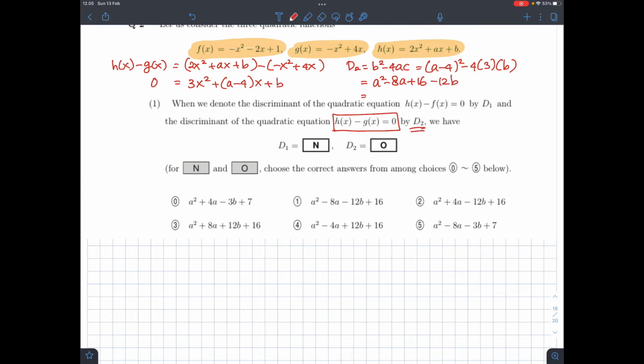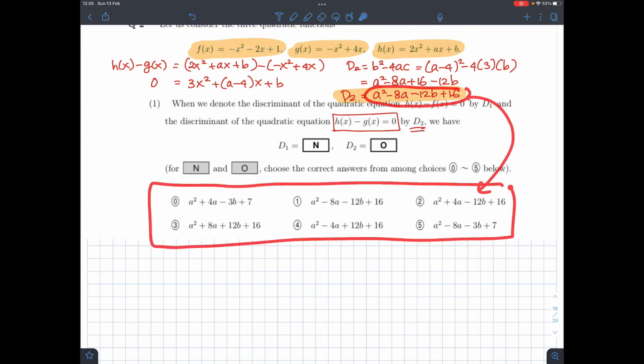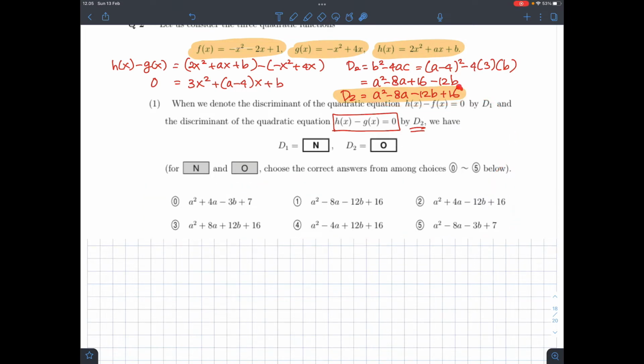So we get d2 equals a squared minus 8a minus 12b plus 16. This is d2. Can you find this form in these options? A squared minus 8a minus 12b plus 16, this one. This is exactly the same as this one. So d2 becomes 1. Here you can see this option, put it here.